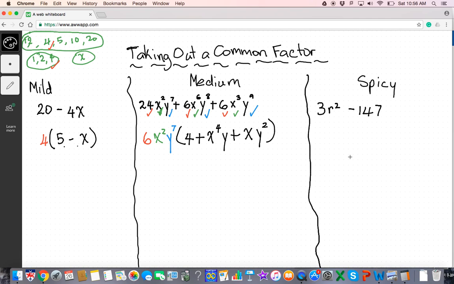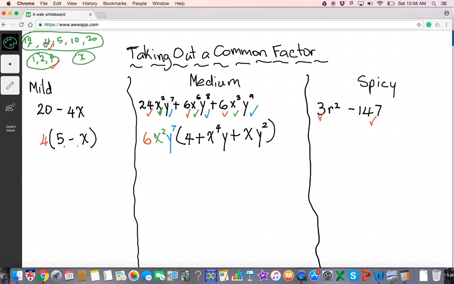All right. So now the third and final one looks so much easier than the second one, but I think it's harder because you do have to know one step more after you've finished factoring out the greatest common factor. So here, we look at the numbers and we see that if you look at 3 and 147, the greatest common factor between 3 and 147 is 3, because 3 can go into 3 and 3 can go into 147.